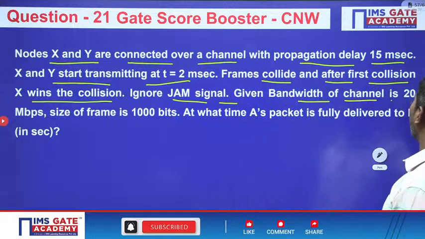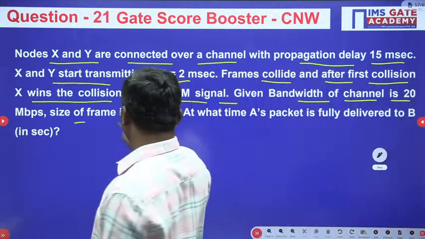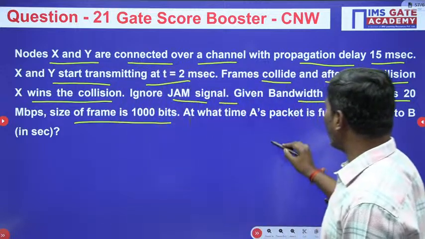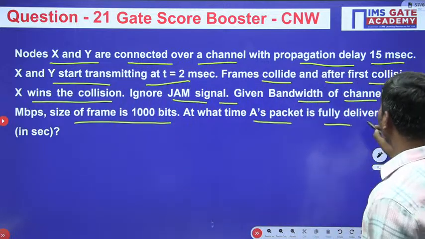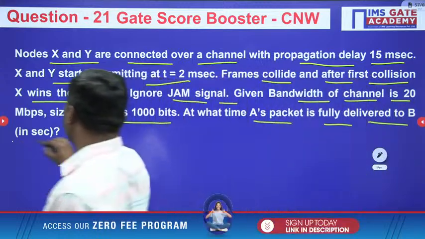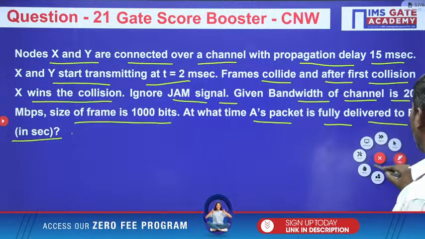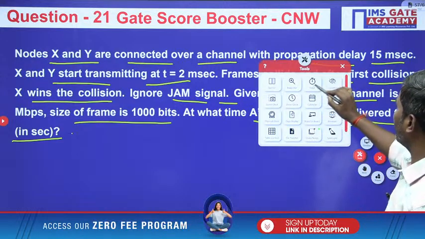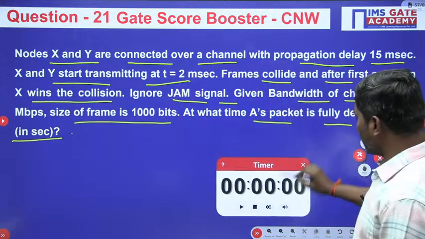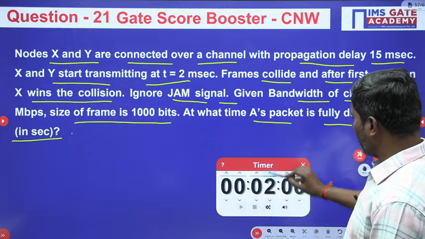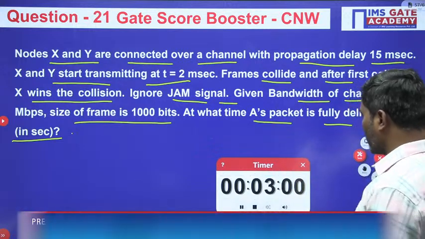Given bandwidth of the channel is 20 megabits per second. Size of the frame is 1000 bits. At what time is A's packet fully delivered to B in seconds? Try this question. It is based on CSMA CD.